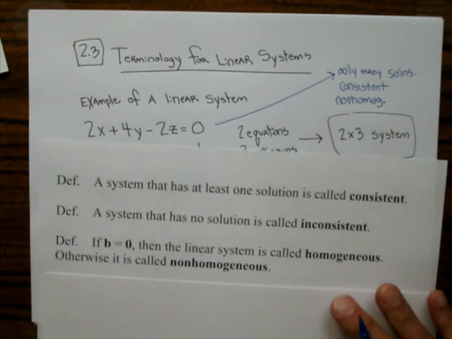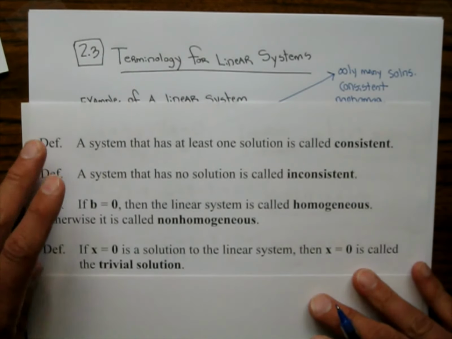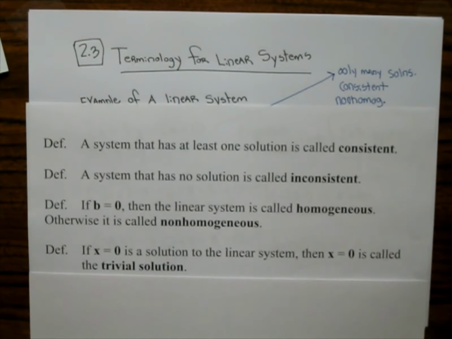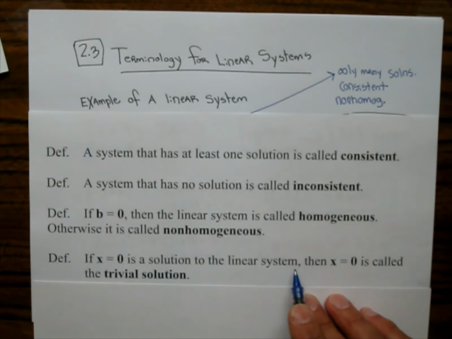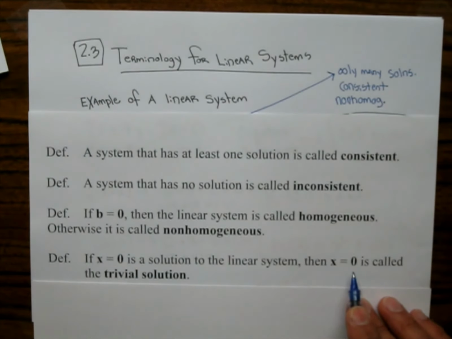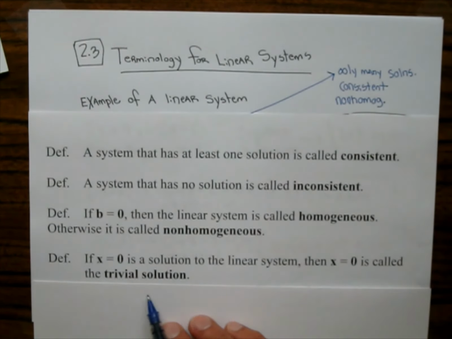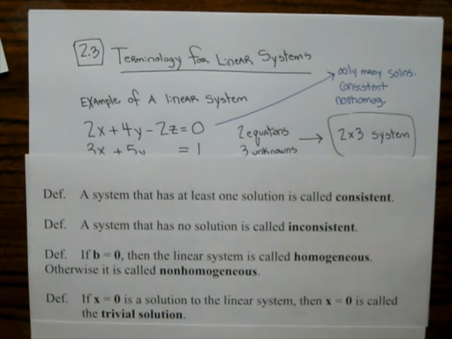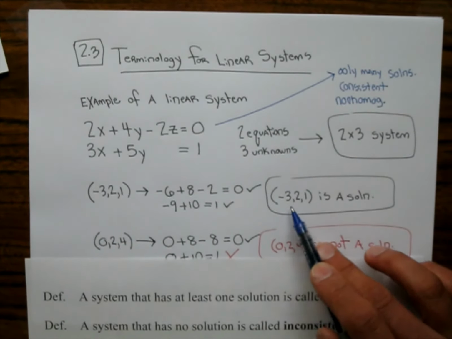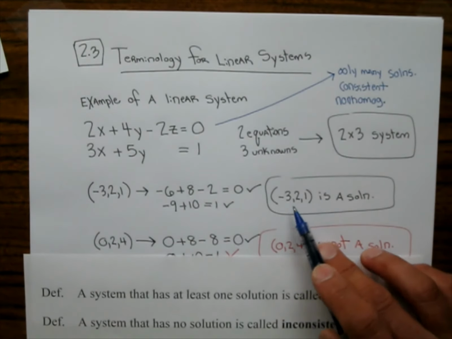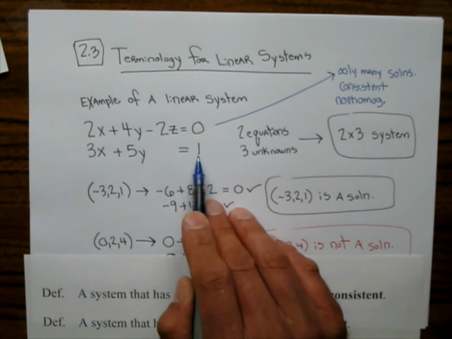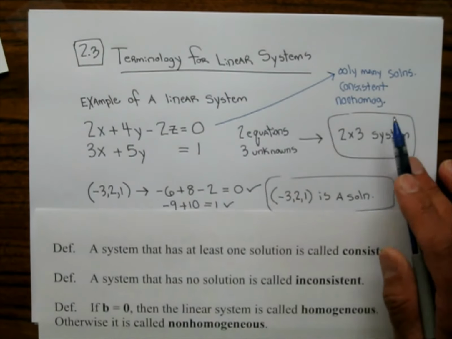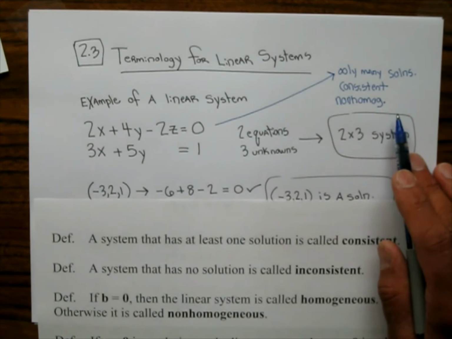Okay. If x equals 0 is a solution to the linear system, then x equals 0, the 0 vector, is called the trivial solution. So do we have the solution 0, 0, 0, because that's when vector x would equal 0? No, because if you put zeros in the bottom, you get 0 equals 1. So our solution does not contain the trivial solution.